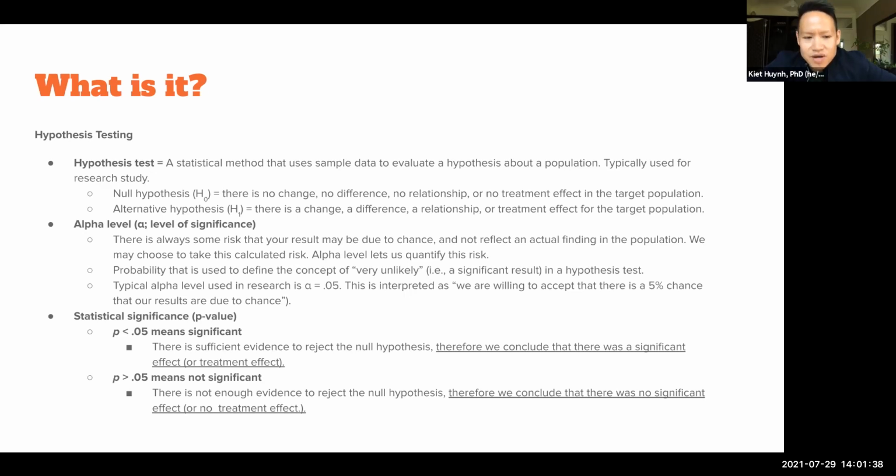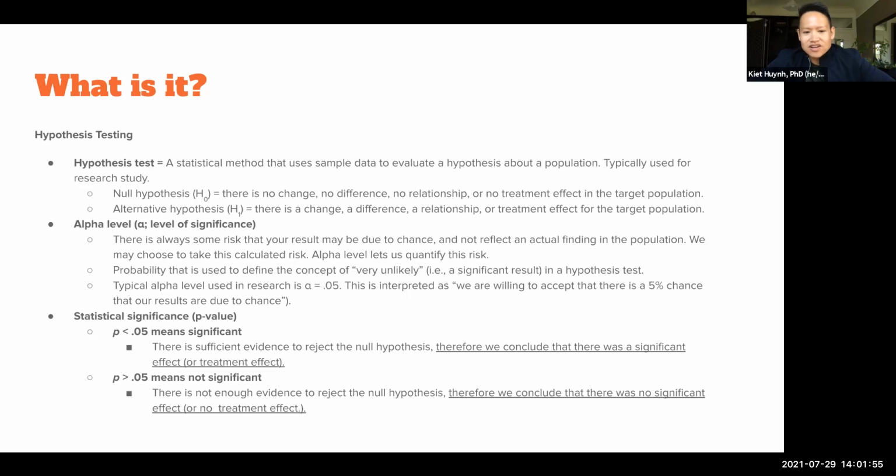And so if you think about probability when it comes to research, the finding that you find in your research study may be partly due to chance. So part of the research process is to quantify how much of a risk you want to take, how much of a chance you want to take.